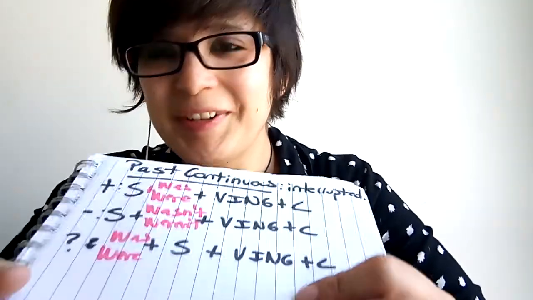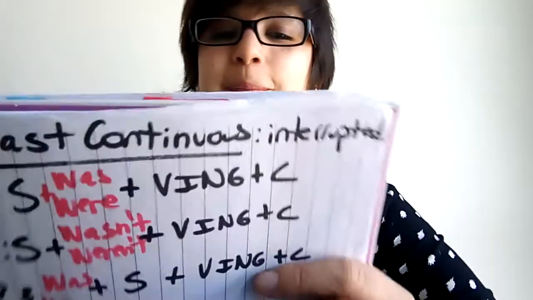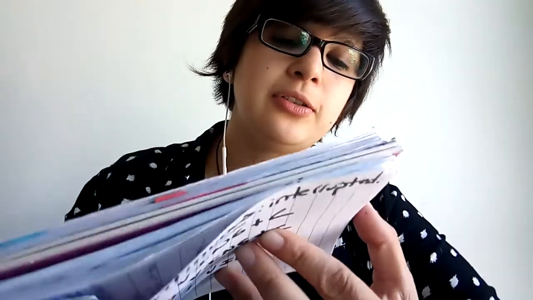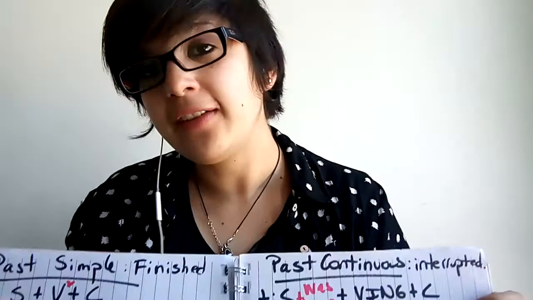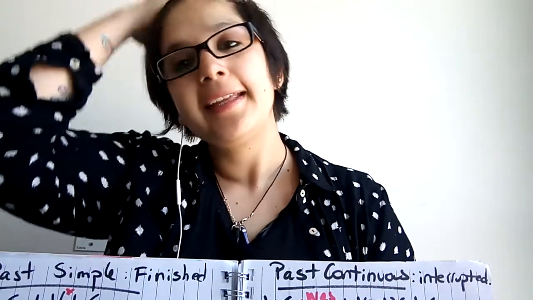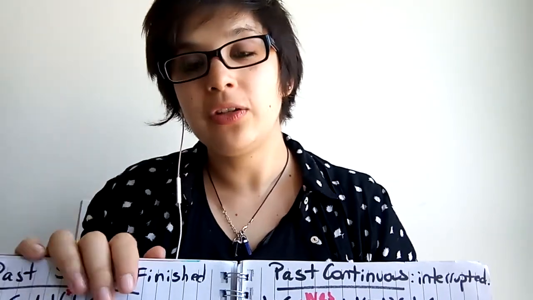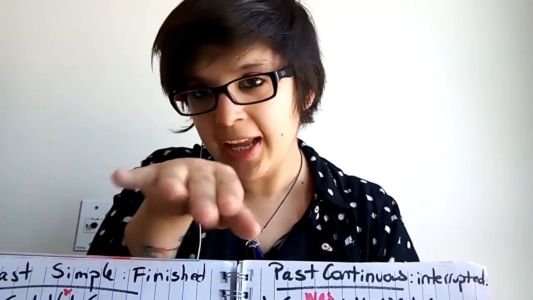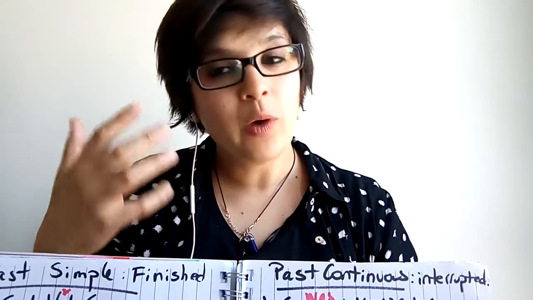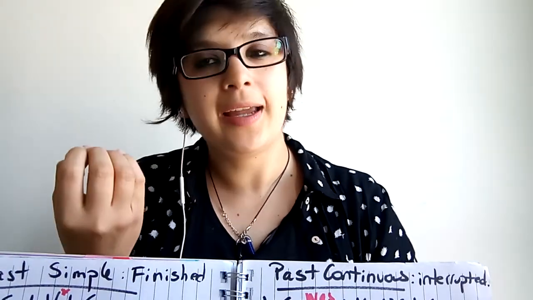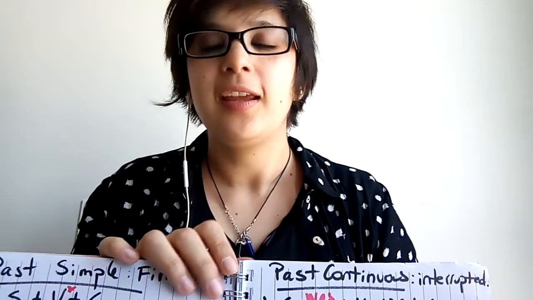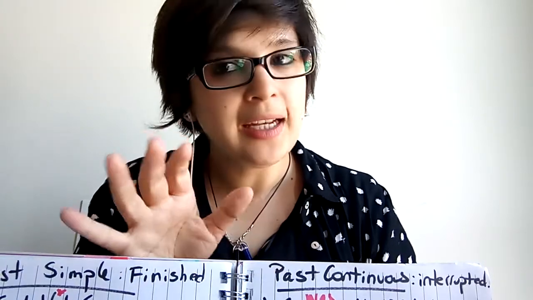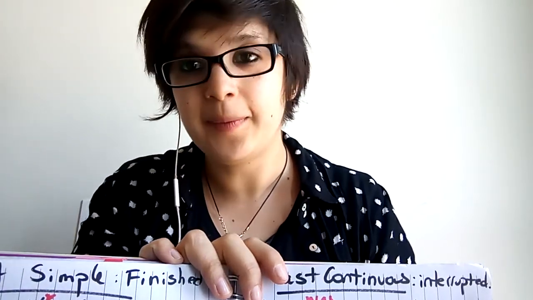And that's it. Okay? So remember that we are going to use these two tenses, the past simple and the past continuous, for describing an accident. Remember also that you have a piece of writing in which you have to send an email describing what happened to you and why you have a sick leave. A sick leave in Spanish means licencia médica.